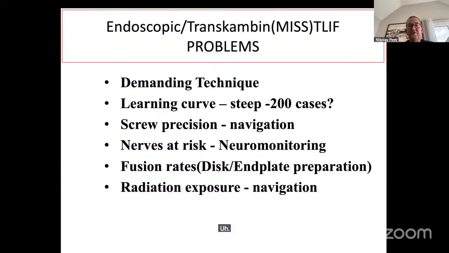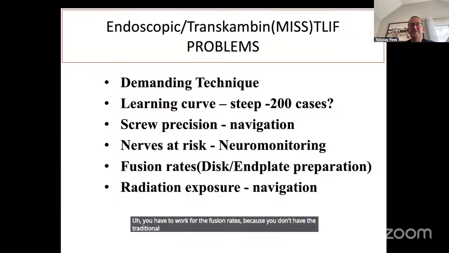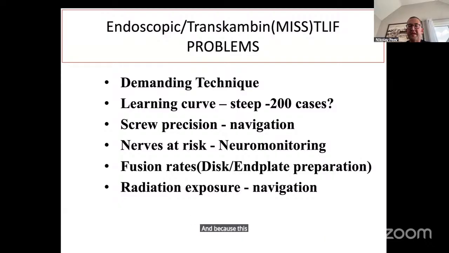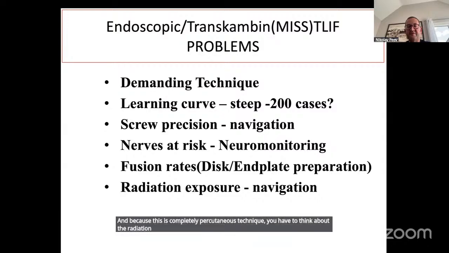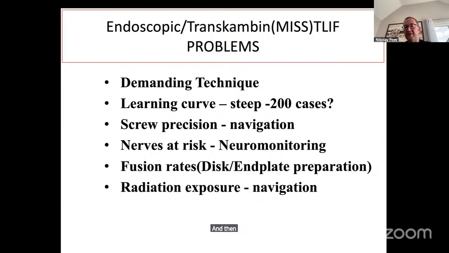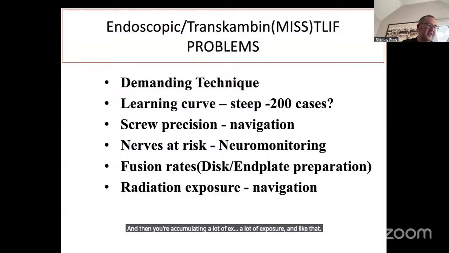You have to work for the fusion rates because you don't have the traditional techniques to supplement and improve your fusion rates. And because this is a completely percutaneous technique, you have to think about the radiation exposure. You have to make sure that you're not getting so much, because you're going to be performing these surgeries for years, and you're accumulating a lot of exposure, and with that a lot of risk of possible complications.